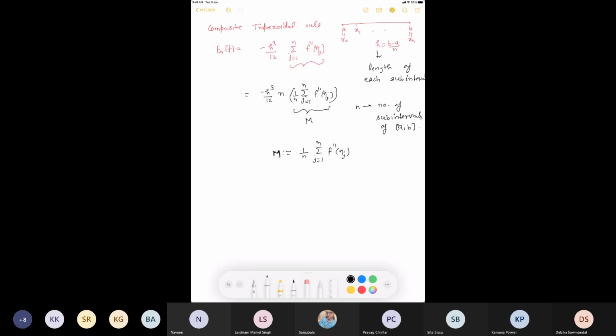So tell me if you agree, if I say that this is always less than or equal to the maximum of f double prime of x over the interval AB.